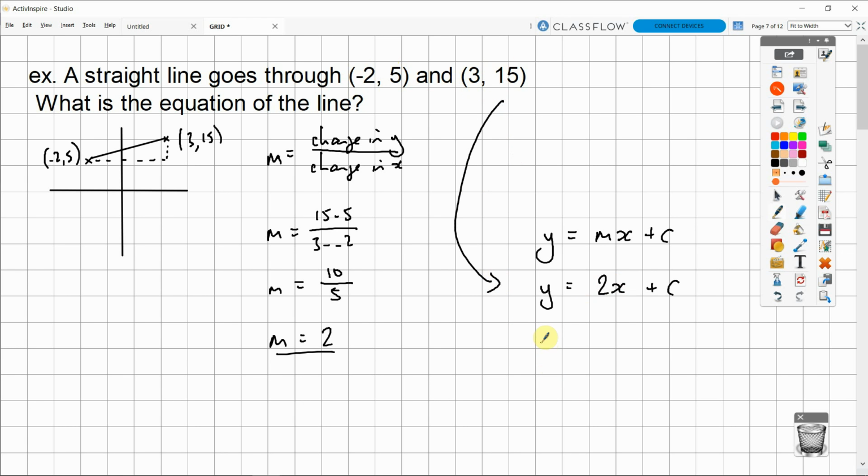So I'm going to say that the y value is 15, 2 times the x value of 3, 15 equals 6 plus c, take 6 from each side, discover that c is 9, and so therefore y equals 2x plus 9. You can try this for yourself if you wish, with this point instead. You'll find that you still get c equals 9, you still get the same straight line.